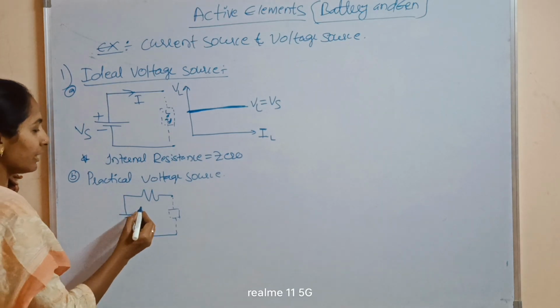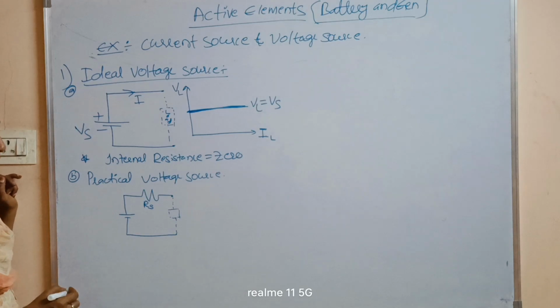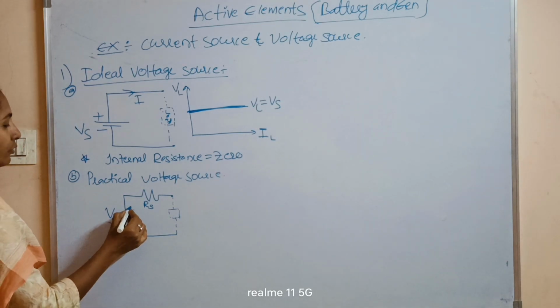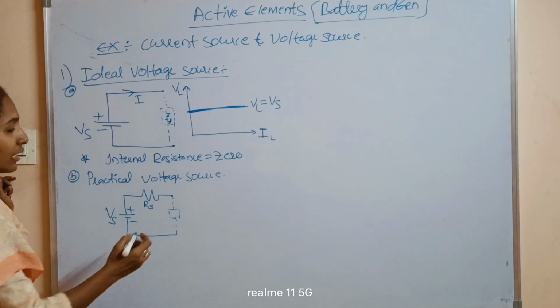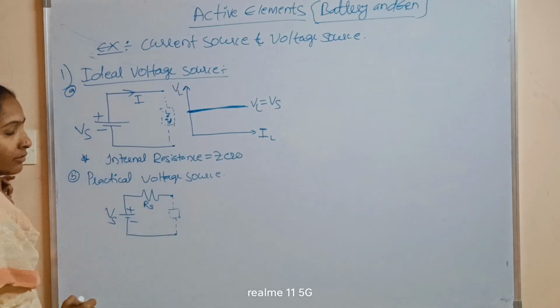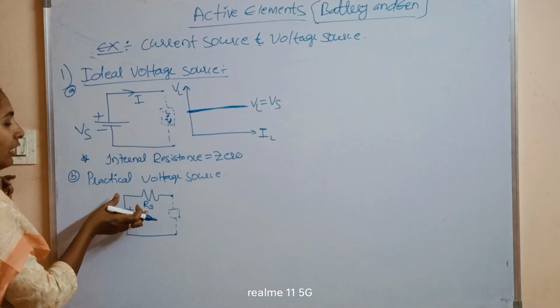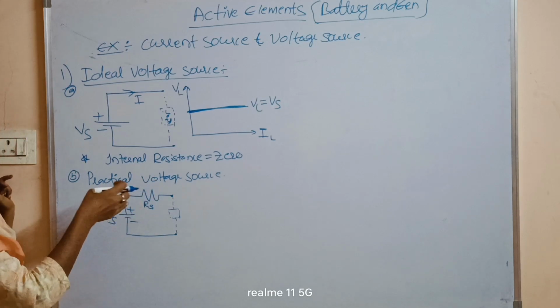This resistance is RS, the source resistance, and this is the voltage source, negative to positive, with the source resistance across the load terminals. A practical voltage source always has some internal resistance in series with it.